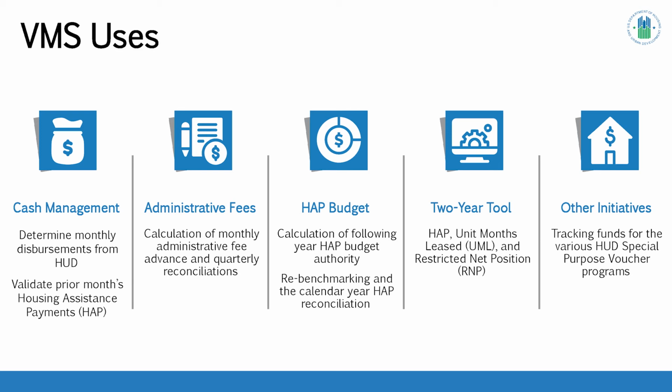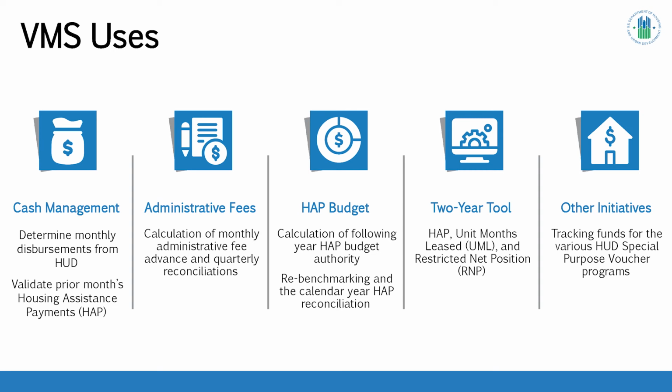The administrative fees are calculated directly from the VMS. HUD will advance the administrative fees and reconcile with the PHA quarterly as well as annually. The annual HAP budget for the following year will be calculated based on the validated VMS data.